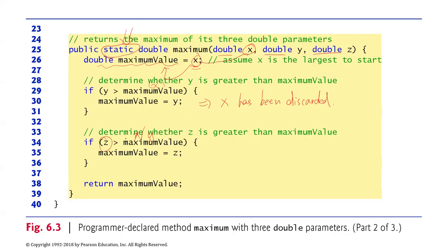So here we compare z with one of x and y. After that, if this is true, I mean, if z is over maximum value, then z will be assigned to maximum value, and y or x will be discarded. And after that, we return the maximum value. Maybe x, maybe y, maybe z. It depends on the logic flow.